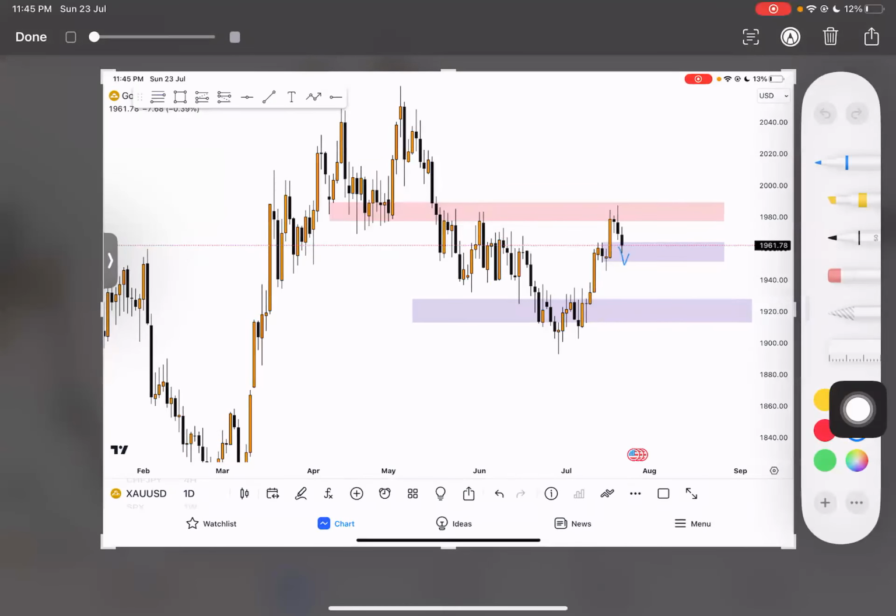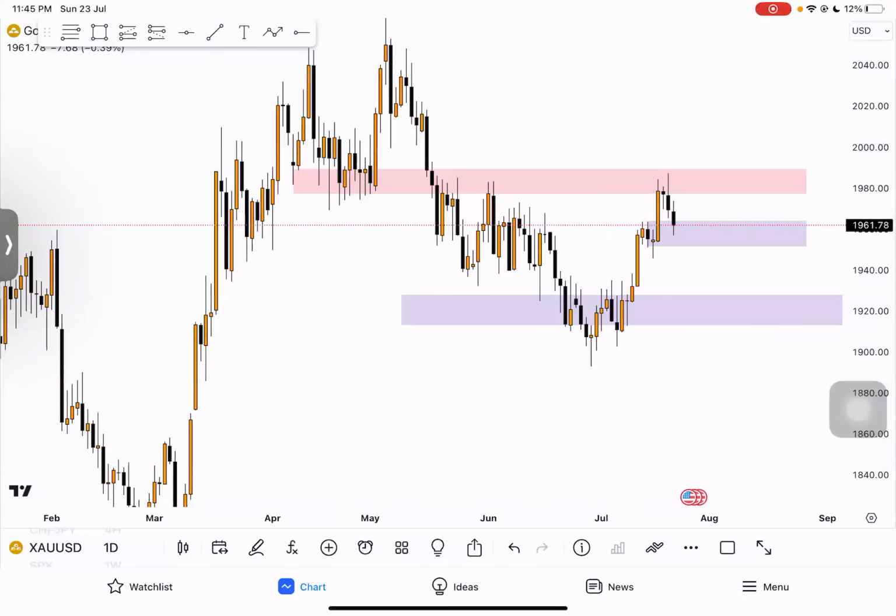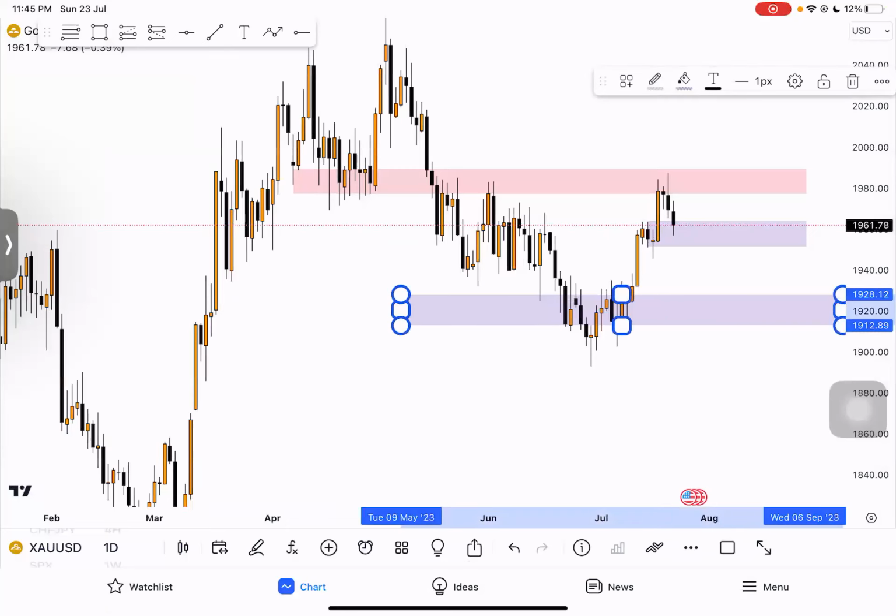If we break out this level, mostly it will come down. So our maximum target will be somewhere around 1930, or 40, for the sell on Friday, if you break the first one.